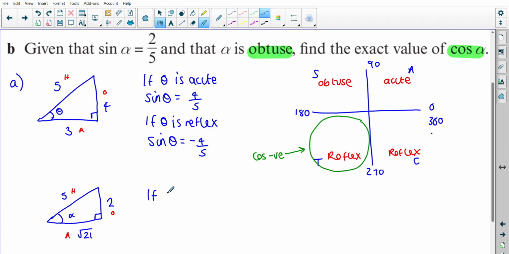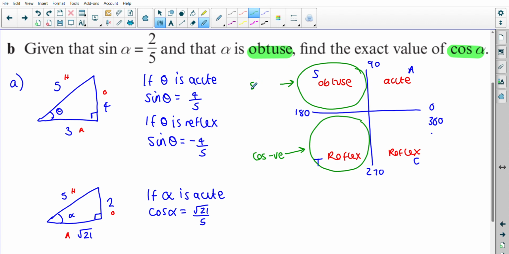So if alpha is acute, then cos alpha is going to be equal to a over h, root 21 over 5. I could find tan alpha as well if I need. Now it's talking about obtuse. I'm just going to use the CAST diagram up here so I don't have to redraw another one. So this is where obtuse angles are. And in this section, sine is the only graph that is positive.